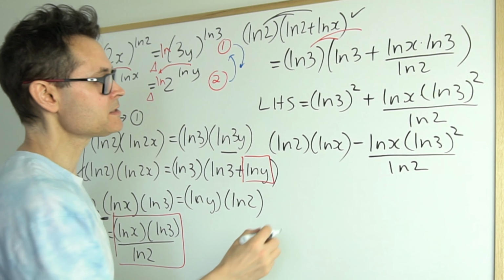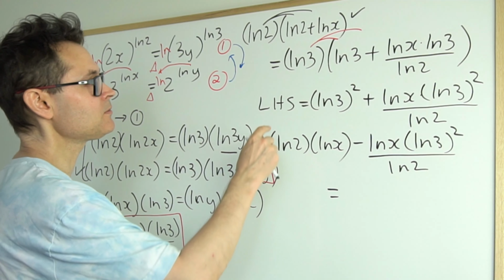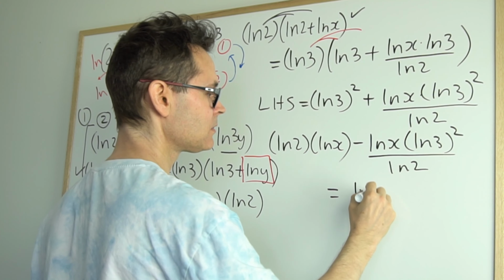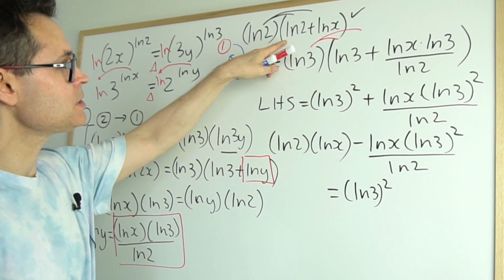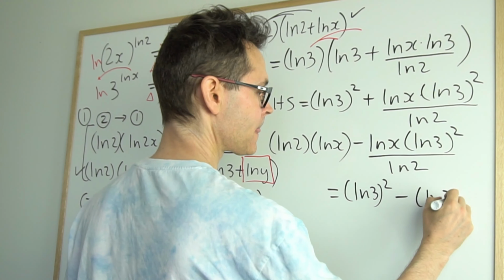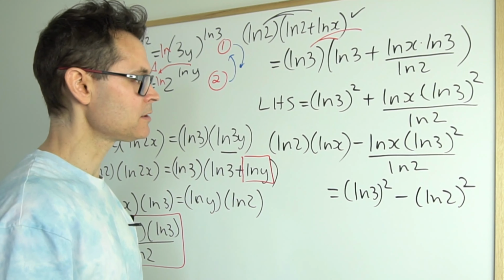And then on the right-hand side, I already have the ln 3 squared. And what's going to join it is ln 2 times ln 2 takeaway, or a ln squared, ln 2 squared.